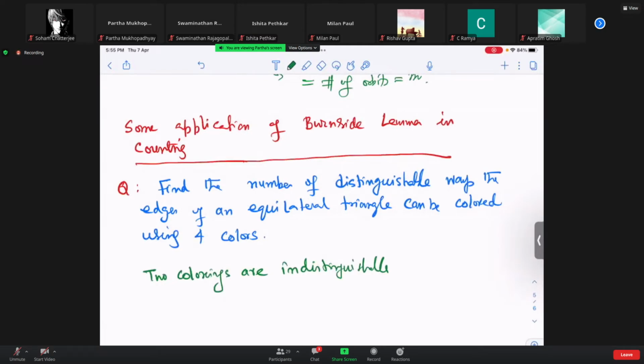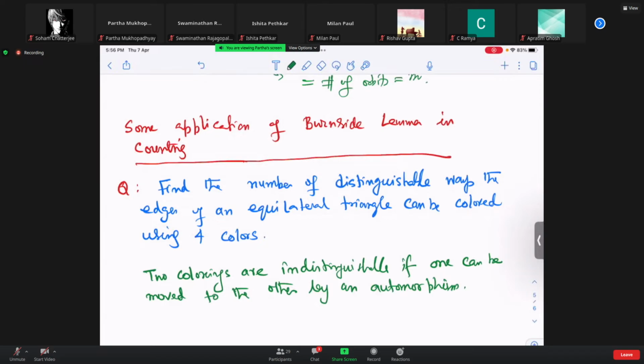So indistinguishable if one can be moved to the other. That means you relabel the vertices of the graph by an automorphism of the graph. Here it is a triangle, and you see the same color basically.